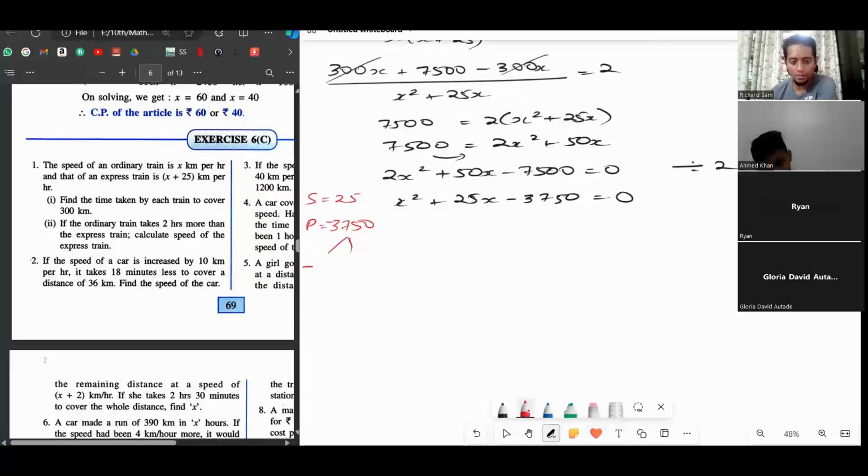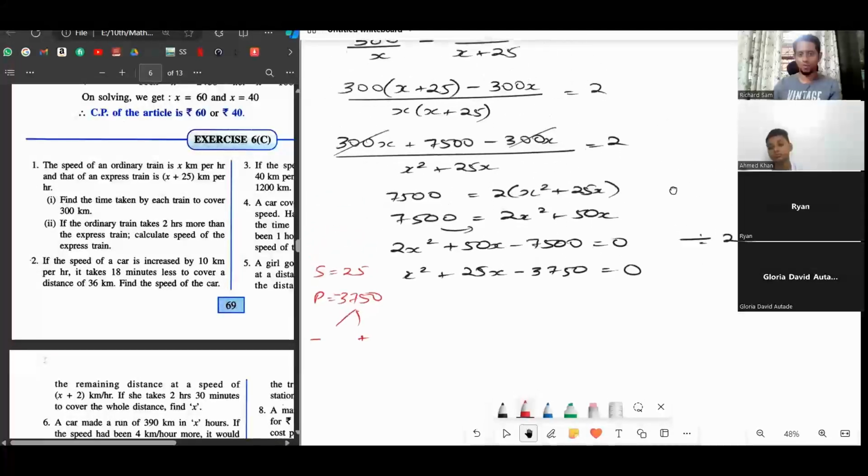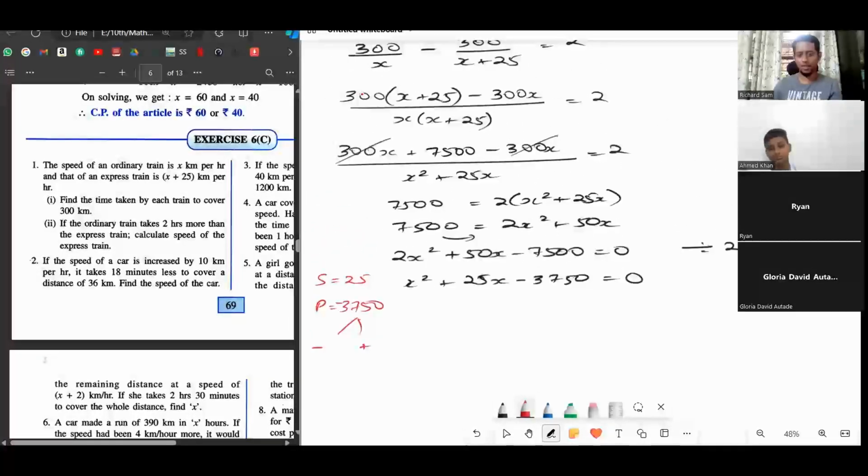So you have a bigger number first, and then a smaller number. The bigger number is negative, the smaller number is positive. Anna, bigger is positive and smaller is negative. Yeah, correct.